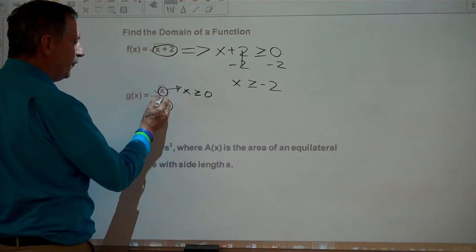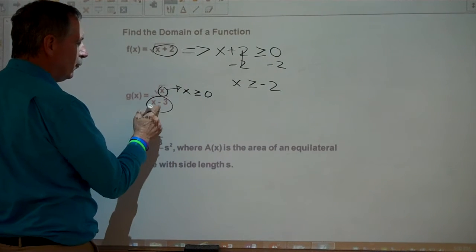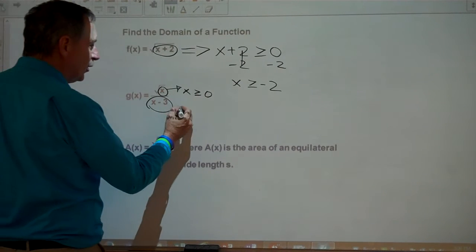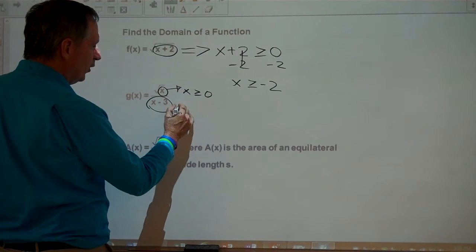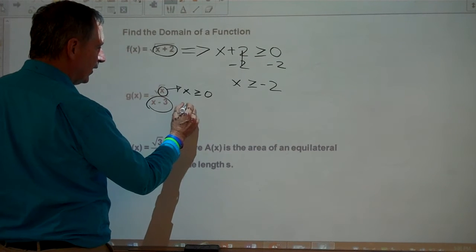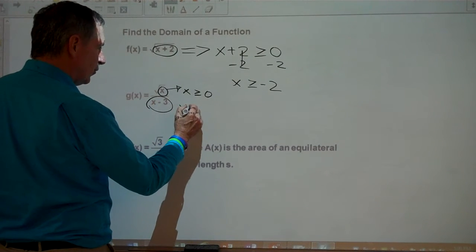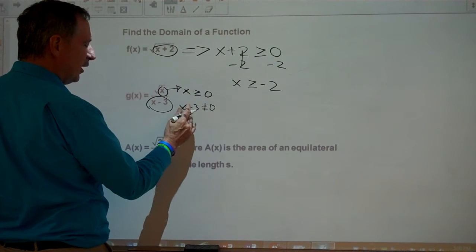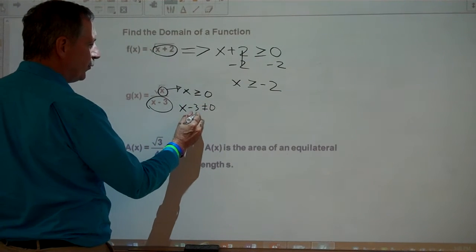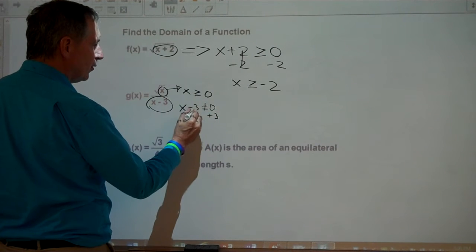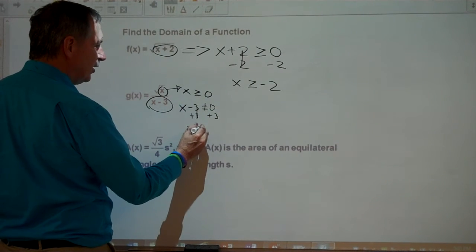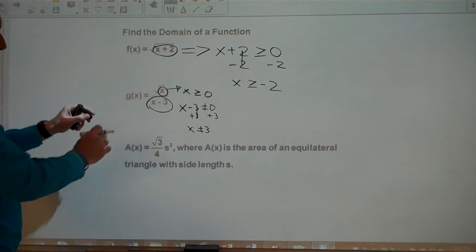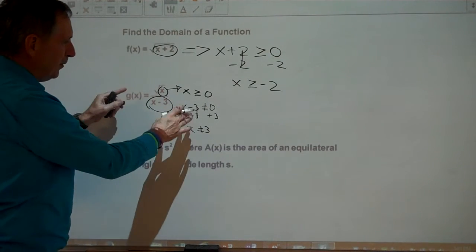But also we have this in the denominator, and we know we cannot divide by 0 in math or in algebra, so we would say that x minus 3 cannot be equal to 0. And this is another inequality. If we add 3, we know that x cannot equal 3. And so we can base our domain on this.